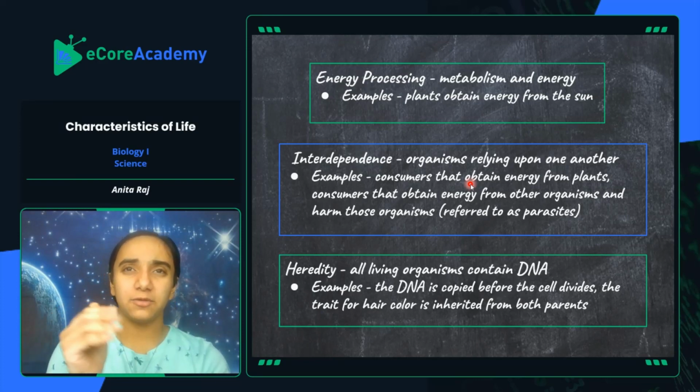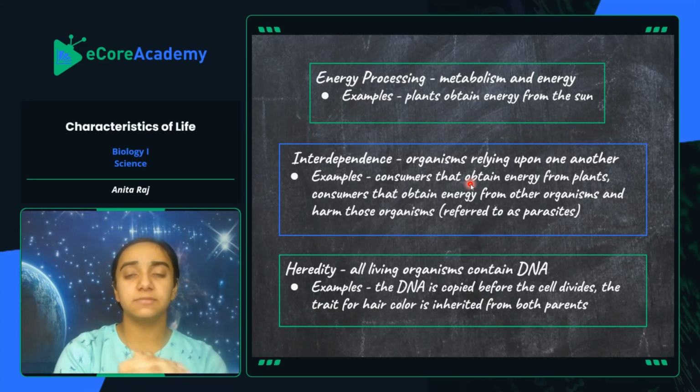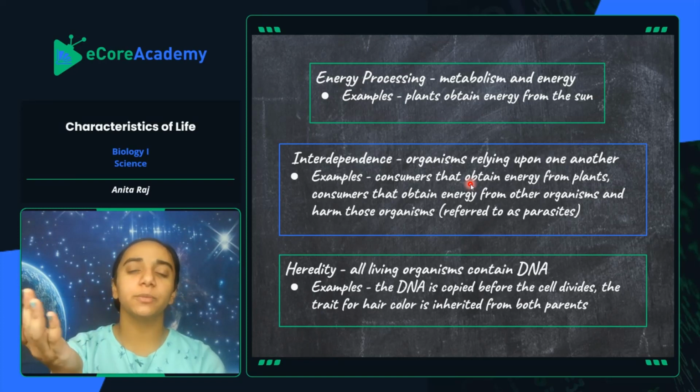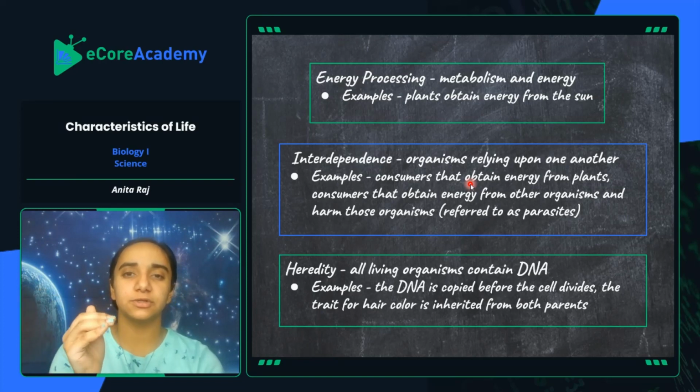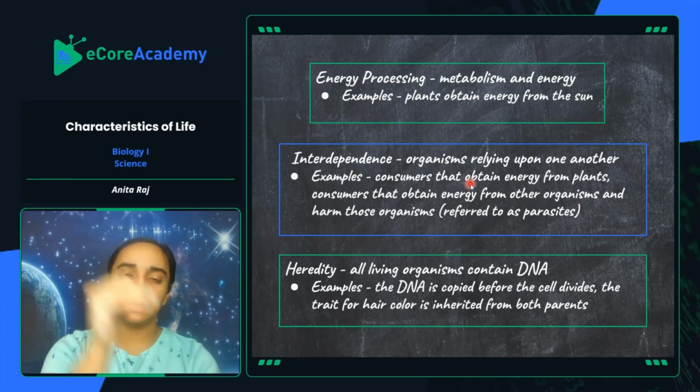You've all probably seen a very basic food web or food pyramid of ecosystems. At the very bottom, you have the producers, so your plants, your photosynthetic organisms. Then you have your primary consumers, your herbivores, and they eat those plants. And then you have the secondary consumers, and they'll eat the primary consumers, the herbivores.